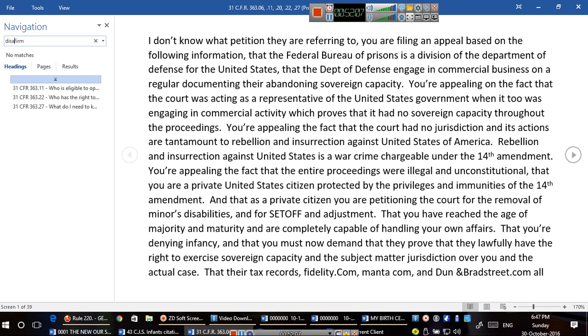I keep putting that in there like that. Nope, we don't have no disaffirm. Wait, what else do we have? Age of majority. I don't know how many pages this is because of how it's pulling up. A-G-E.